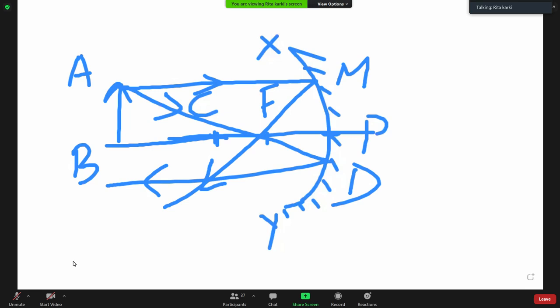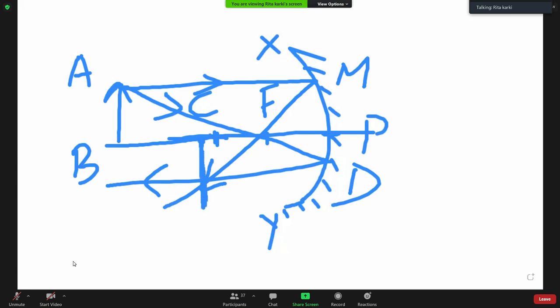Now we will study the ray diagram formed by the concave mirror when the objects are kept at different positions, and what types of images will be formed by those objects in the concave mirror.